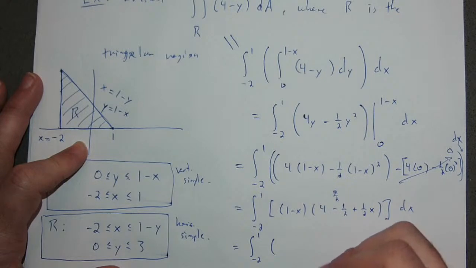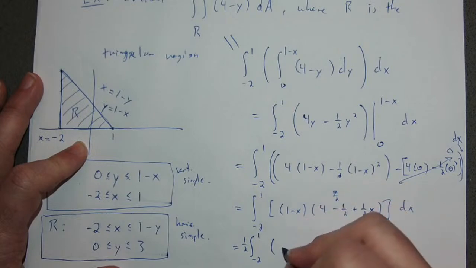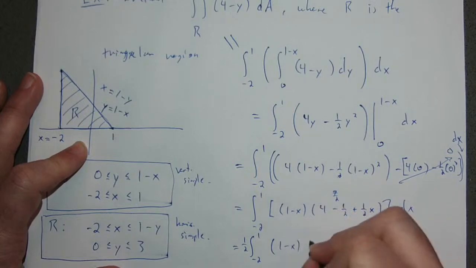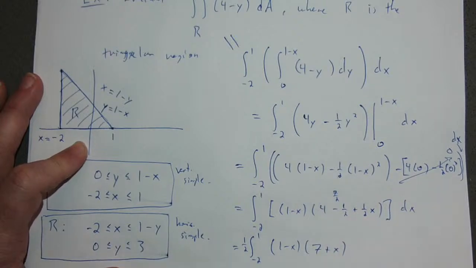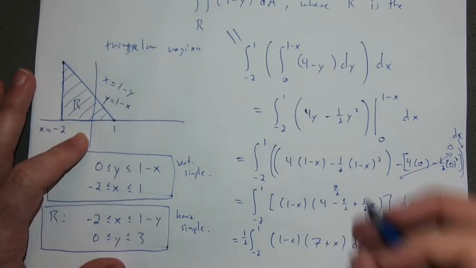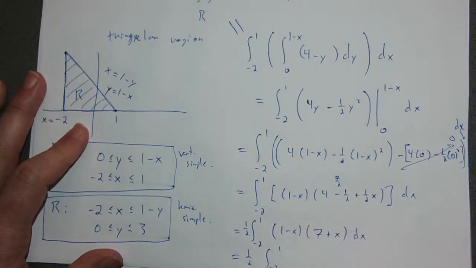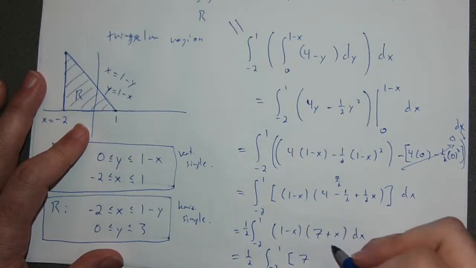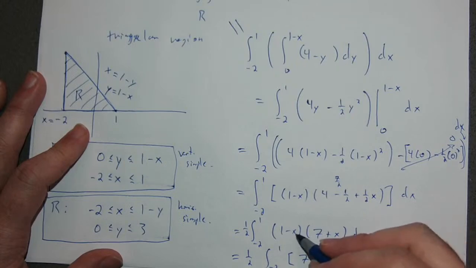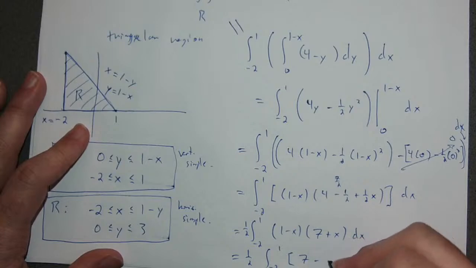Yeah, I'll do that. So this is 1 half times 1 minus x times 7 plus x dx. So this is 1 half times the integral from minus 2 to 1 of 7 minus 7x plus x, which is minus 6x minus x squared, dx.